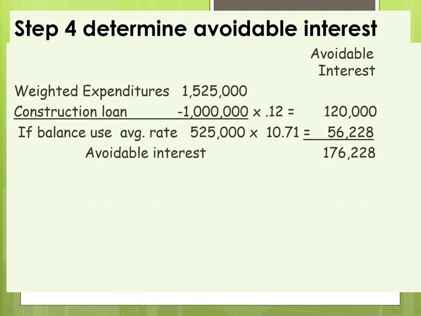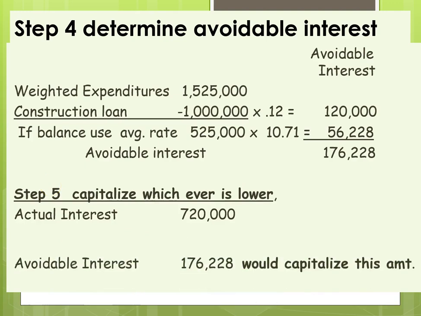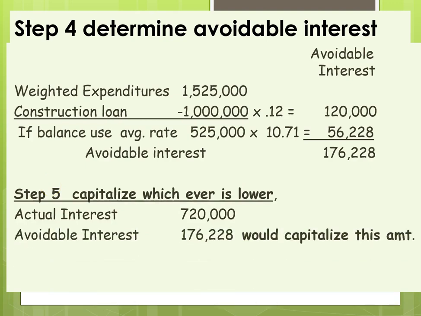And that gives us a total of $176,228 of avoidable interest. Now what we have to remember, the rule, which is we capitalize the lower of actual interest or avoidable interest. Since the avoidable interest is lower, that's the amount we're going to capitalize.